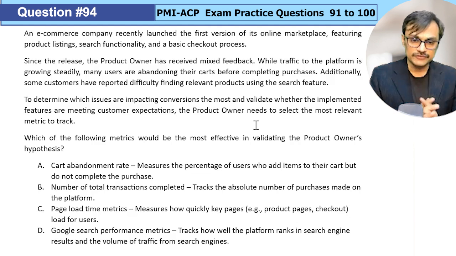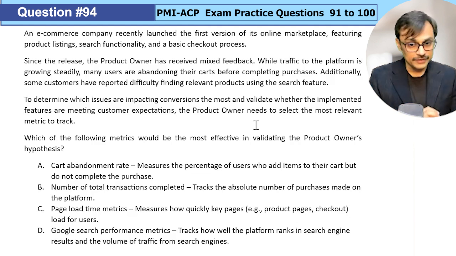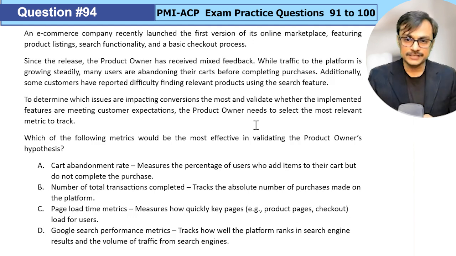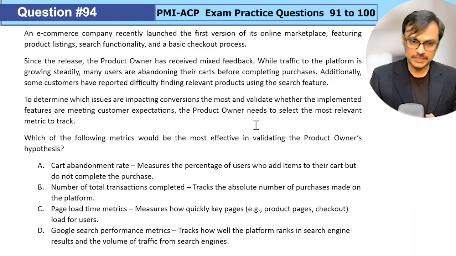Additionally, some customers have reported difficulty finding relevant products using search features. To determine which issues are impacting conversion the most and validate whether the implemented features are meeting customer expectations, the product owner needs to select the most relevant metrics to track. Which of the following metrics would be the most effective to validate the product owner's hypothesis?